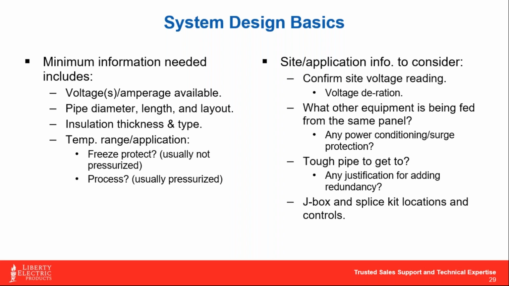But those are the considerations, right? We've also got, what's the insulation thickness we're going to put on that pipe? That's going to determine our watt losses per foot. And of course, what's our temp range? Can't really do anything until we know exactly what the objective is. And I put in there in parentheses, when I talk about freeze protect, usually not pressurized, and then process, usually pressurized. More of a reminder to myself as we get into a little bit of this install segment of things as well.